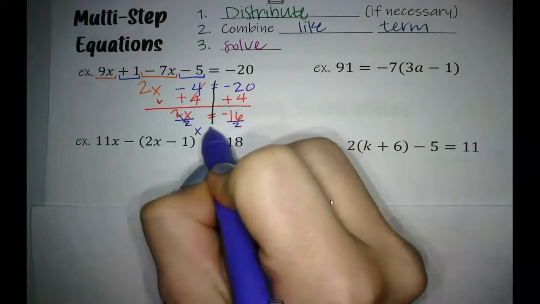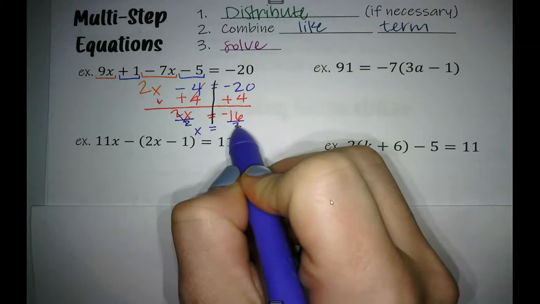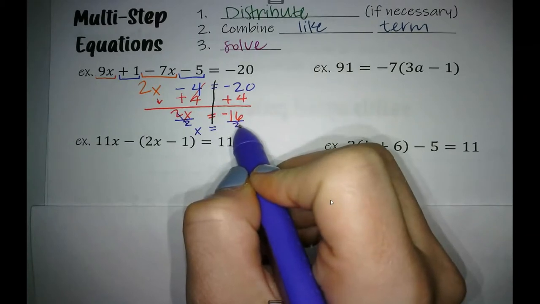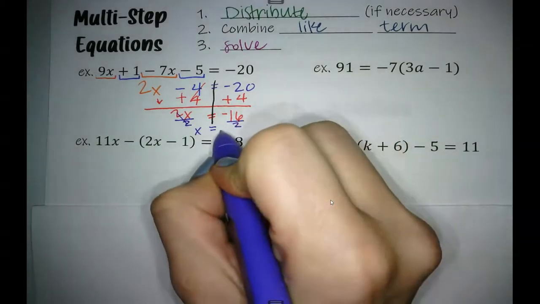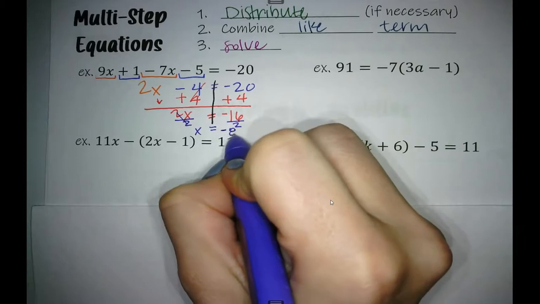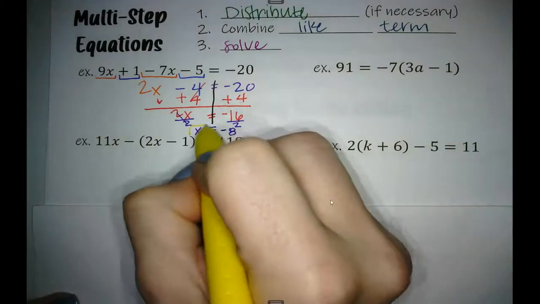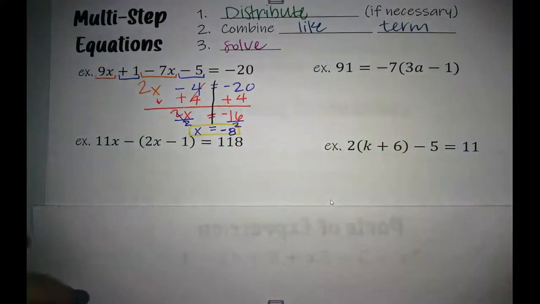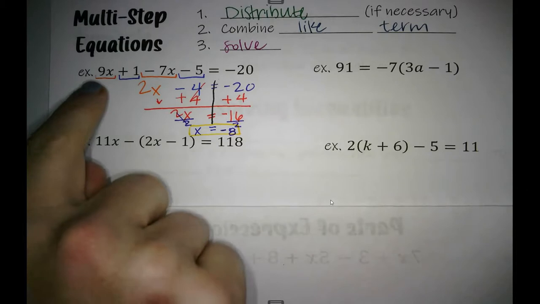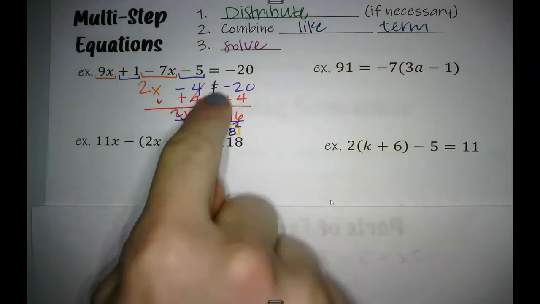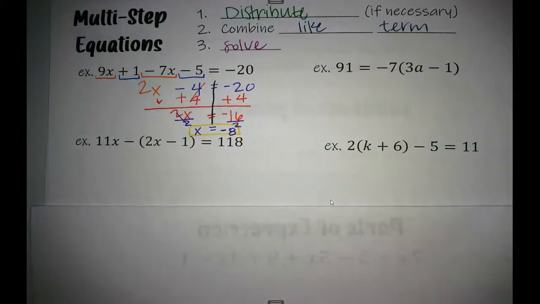This gets rid of that. Negative 16 divided by 2 is negative 8. So in this equation, x equals negative 8. In order for this big, long equation to be true, x has to be negative 8.